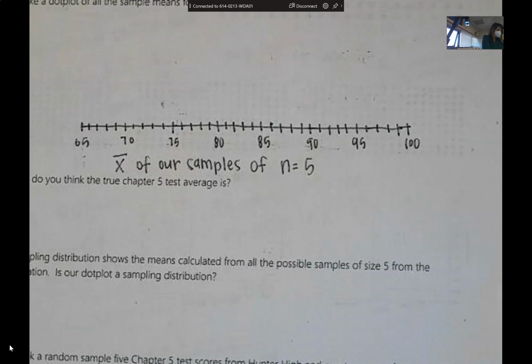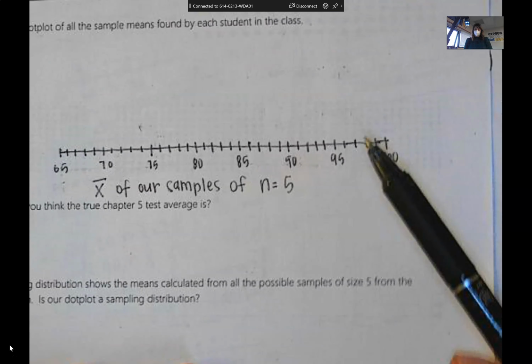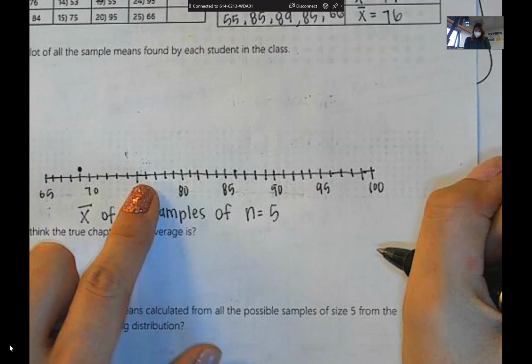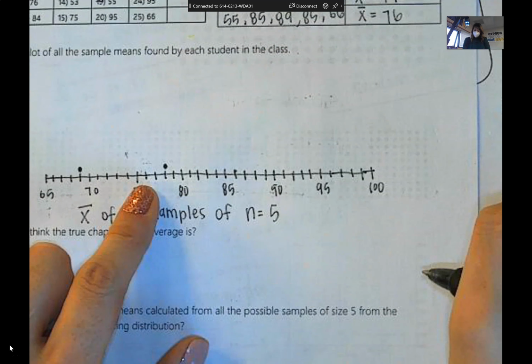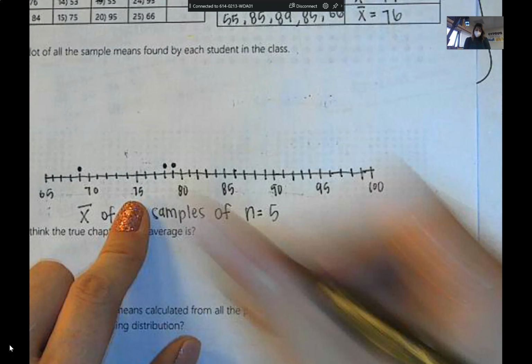Okay, so we are going to plot everybody's values. So we can start with mine. Mine was 69, 78, 79, 76.